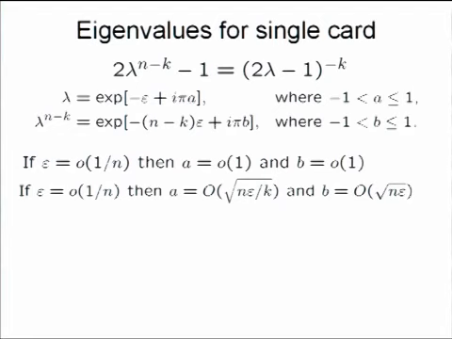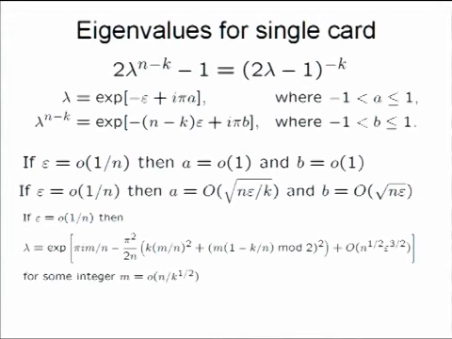And then using these new and improved estimates for a and b, you can go even further with the series expansion and do some calculations, and you end up with this formula. Lambda has to satisfy this equation for some integer m, and I'm not going to go through the calculations.